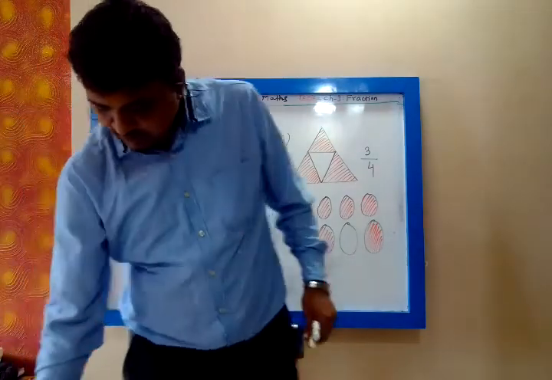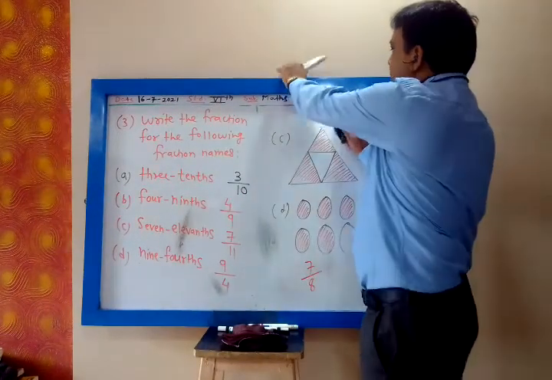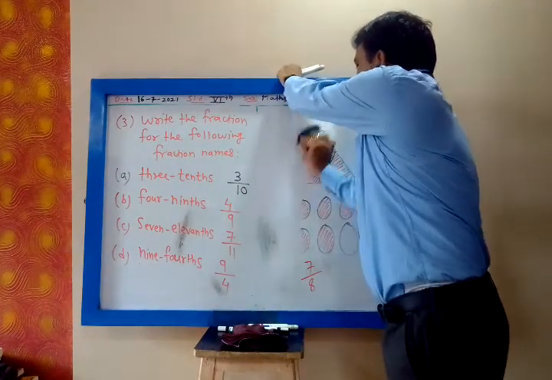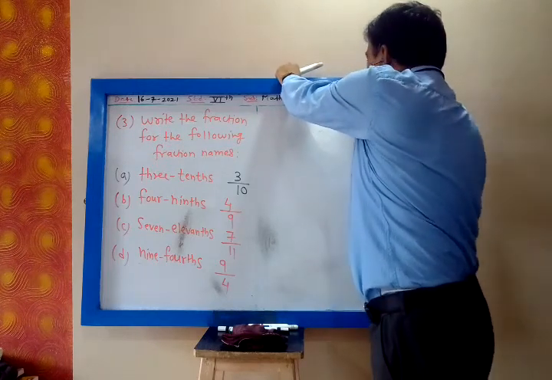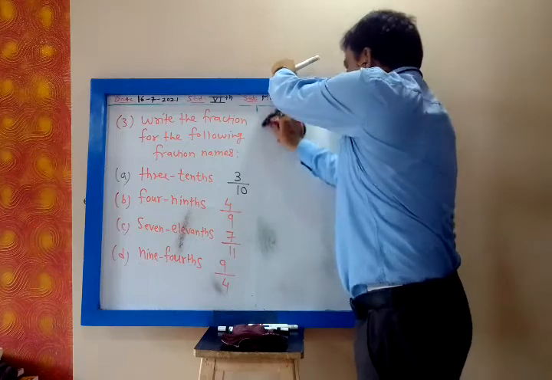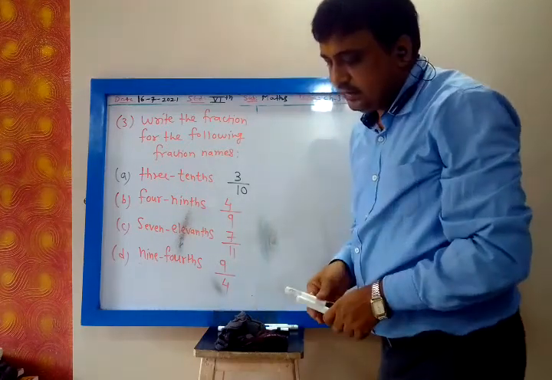Identify the numerator and denominator of each of the following. Only D is there.